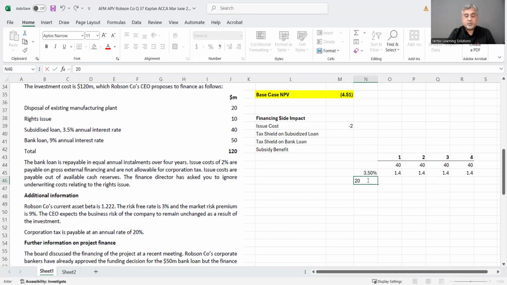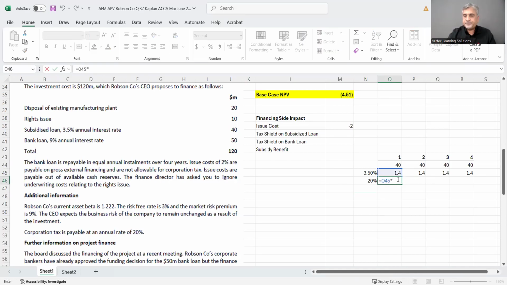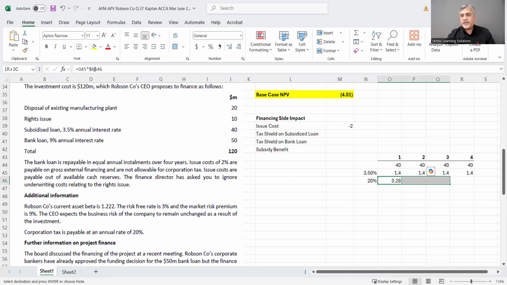The tax benefit is 20% of that. Remember? Because you will take 1.4 million into your income statement as expense and your profit will decrease and your tax liability will decrease. So you get 20% benefit on that. Let me just put it F4. And this is the tax benefit every year.